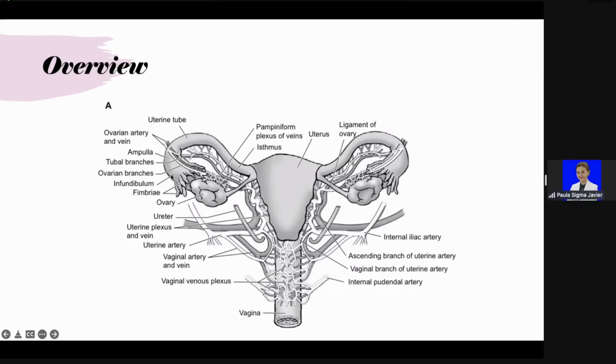So in the infundibulum with the fimbriae, and then the ampulla, which is the most dilated part of your tube, the isthmus, the narrowest portion, and finally the intramural part, which pierces your uterus. The uterus naman has different parts as well.